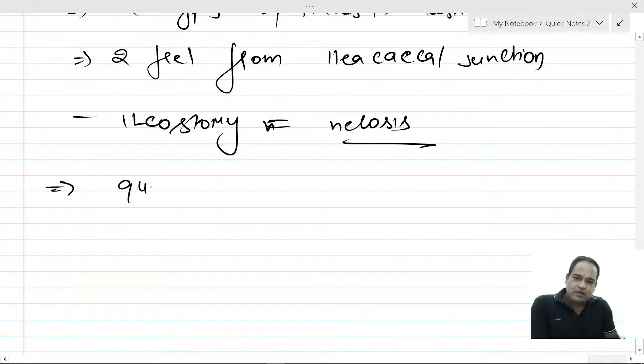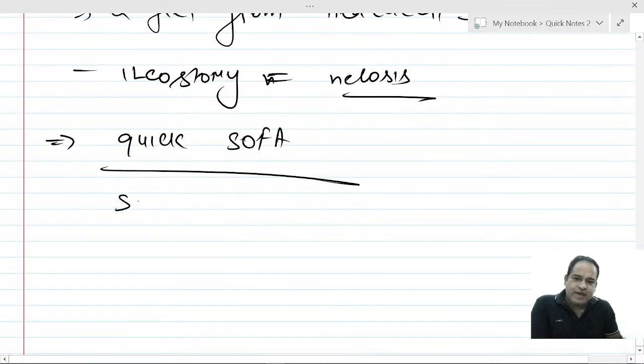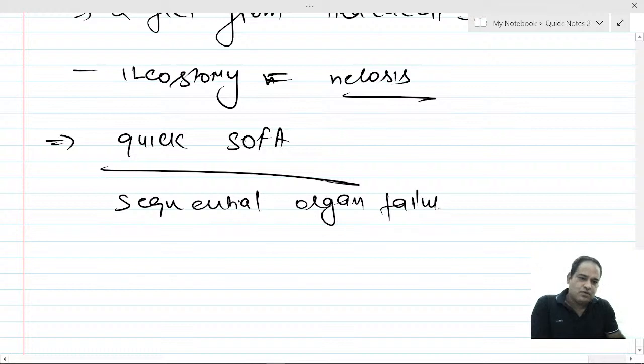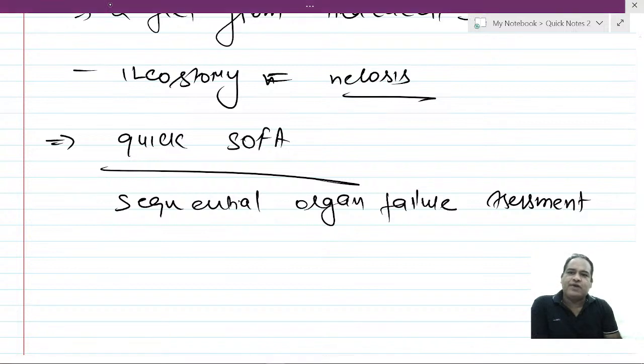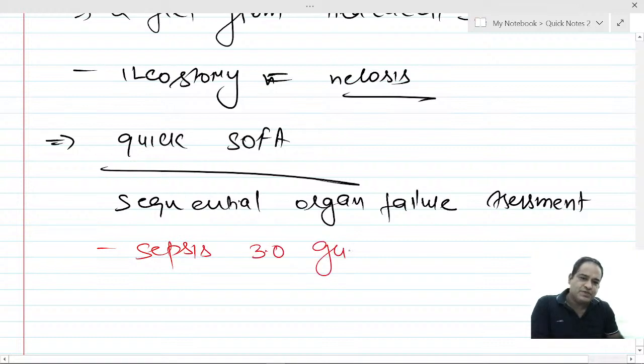So see this word qSOFA. Quick SOFA is sequential organ failure assessment. Lots and lots of things have changed after the Sepsis 3.0 guidelines.